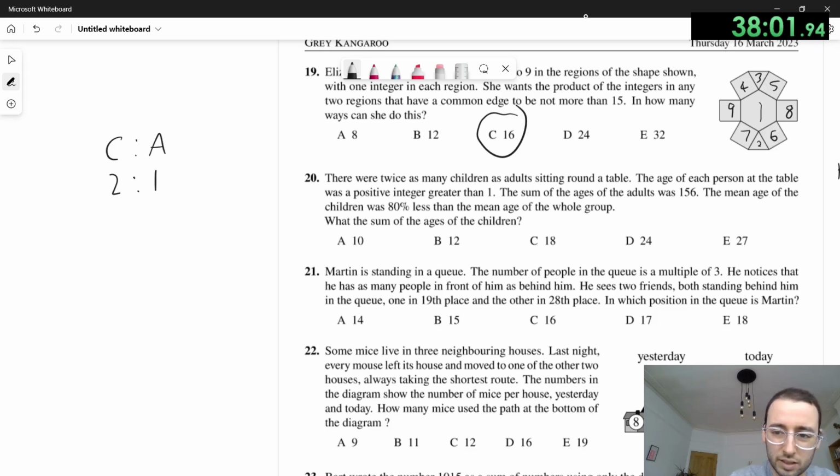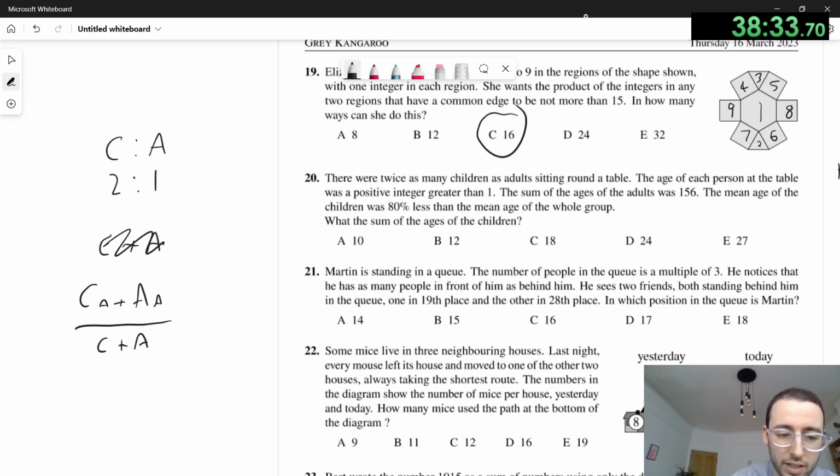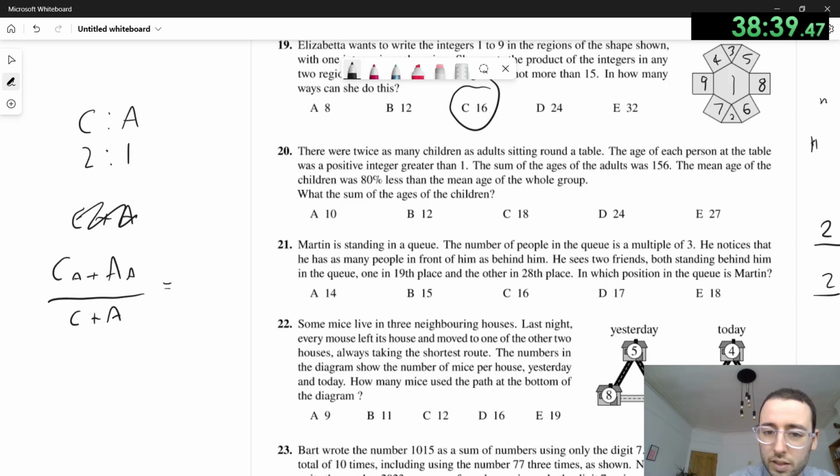Okay, so C plus A, how am I going to write this? The total age of the children plus the total age of all the adults, over the number of children plus the number of adults, is equal to 80% less than the mean of the whole group.